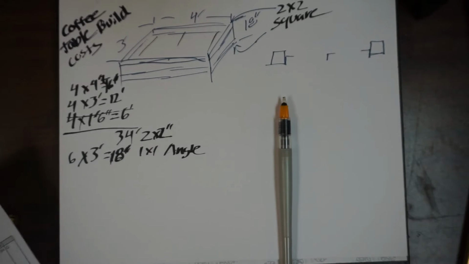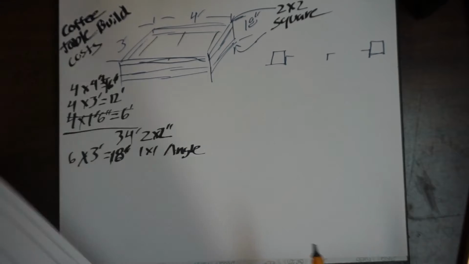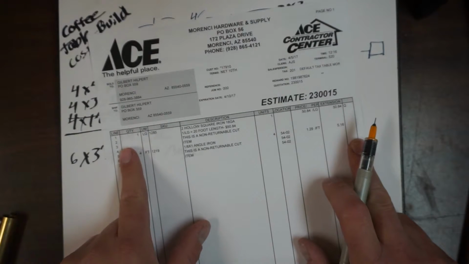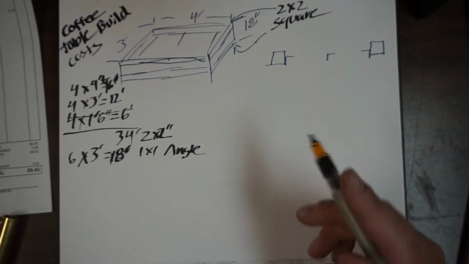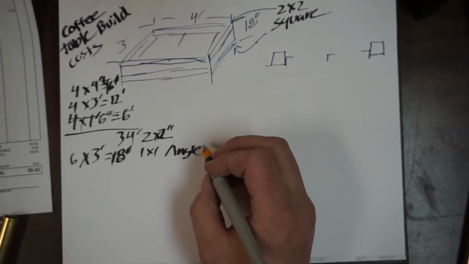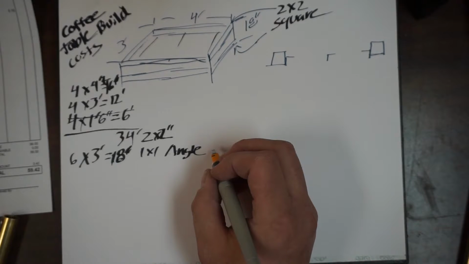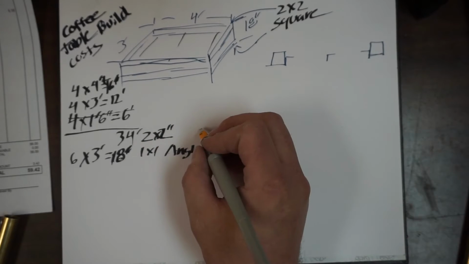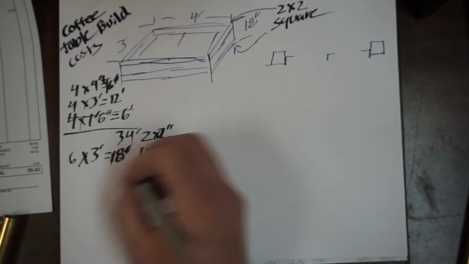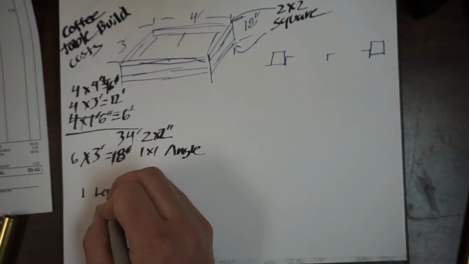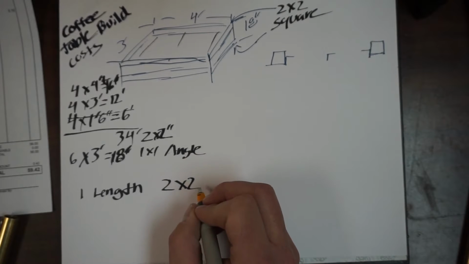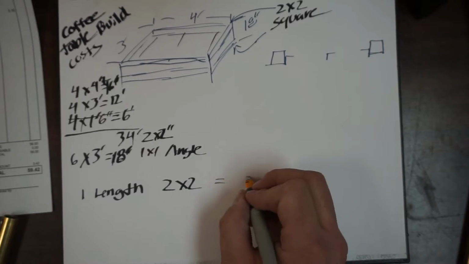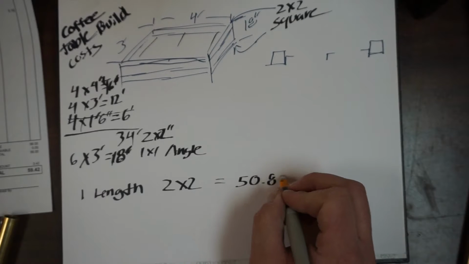All right, so here I have my prices for the various things. So it looks like I've got a price for a hollow square iron length. One length, 2 by 2, is going to equal $50.84.